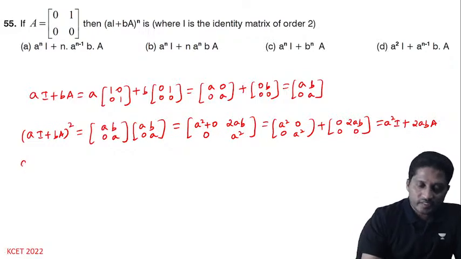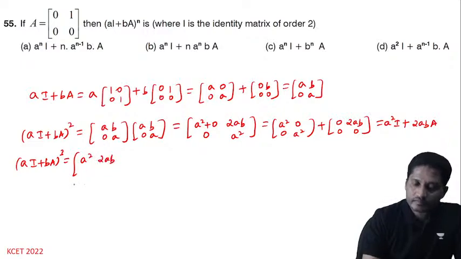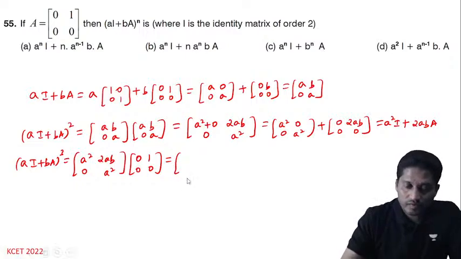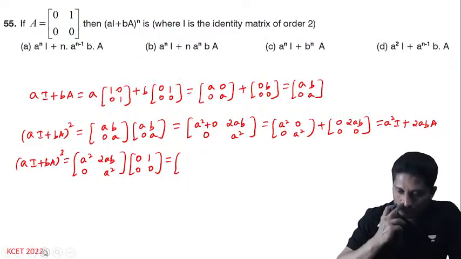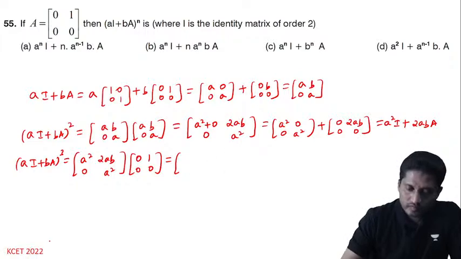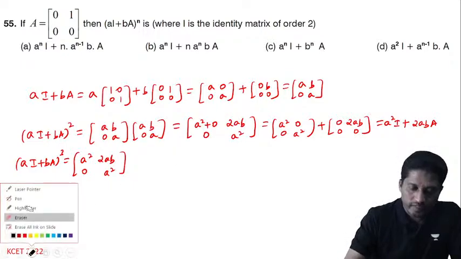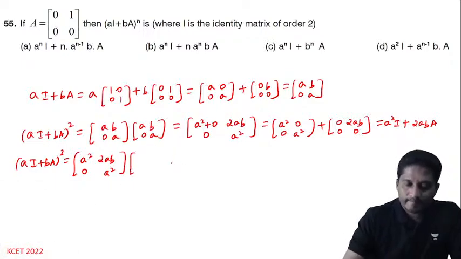Right, now similarly if I take suppose aI plus bA the whole cube, this will be equal to a square 2ab 0 and a square into matrix A, which is 0 1 0 0. Sorry, it should be into aI plus bA, right? This is cube. Into this is equal to a b 0 a.